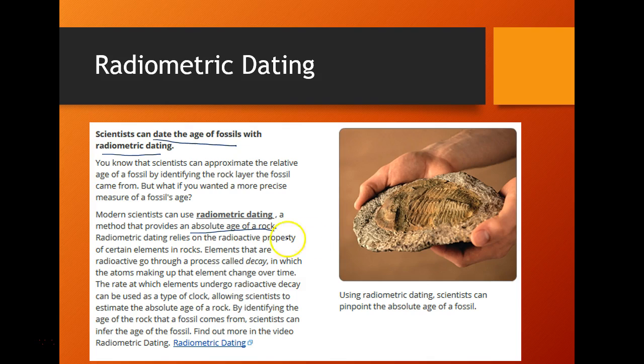It does that by measuring decay. There are certain atoms making up that element that change over time. Depending on how much those atoms have changed, we can then calculate how old that rock is.